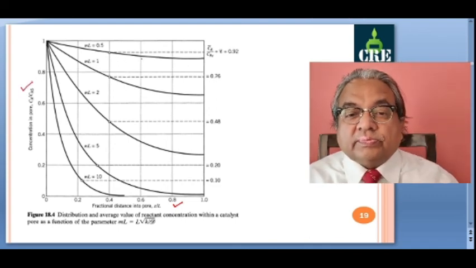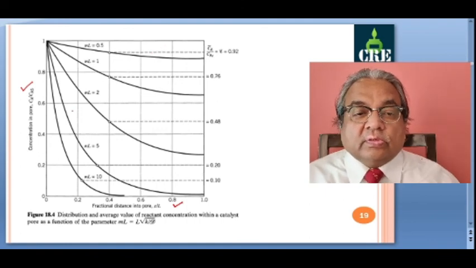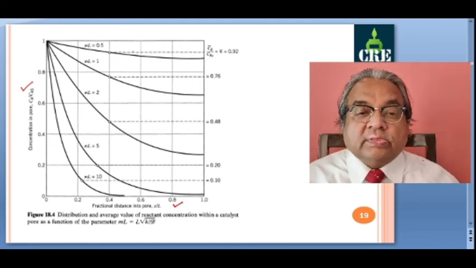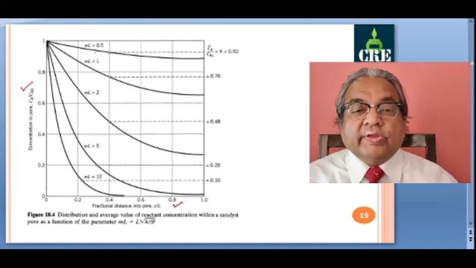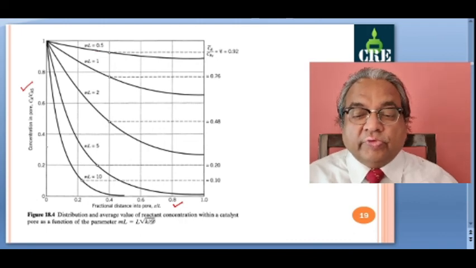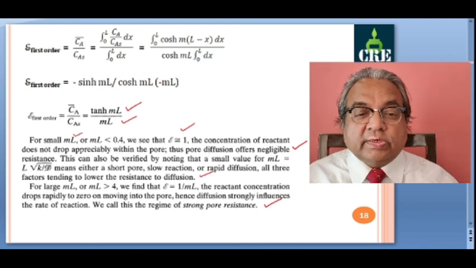Now here you can look, these are the curves representing mL equal to 0.5, 1, 2, 5, 10 and so on. So mL is increasing. For very low values of mL, we have this condition, mL is low.